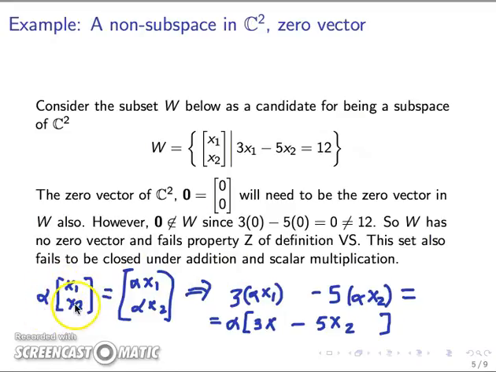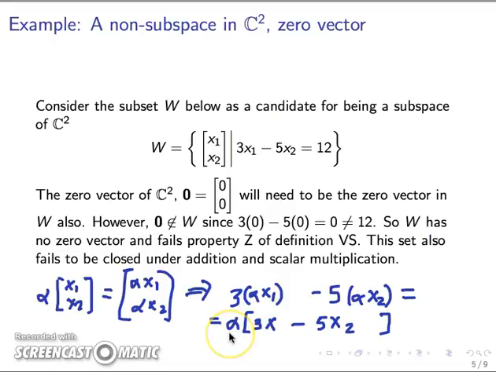Consider the scalar multiplication alpha times x, with x a member of W being x1 and x2, so that scalar multiplication is a new vector with entries alpha x1 and alpha x2. And now consider the linear combination 3 times the first entry of that vector and minus 5 times the second entry.